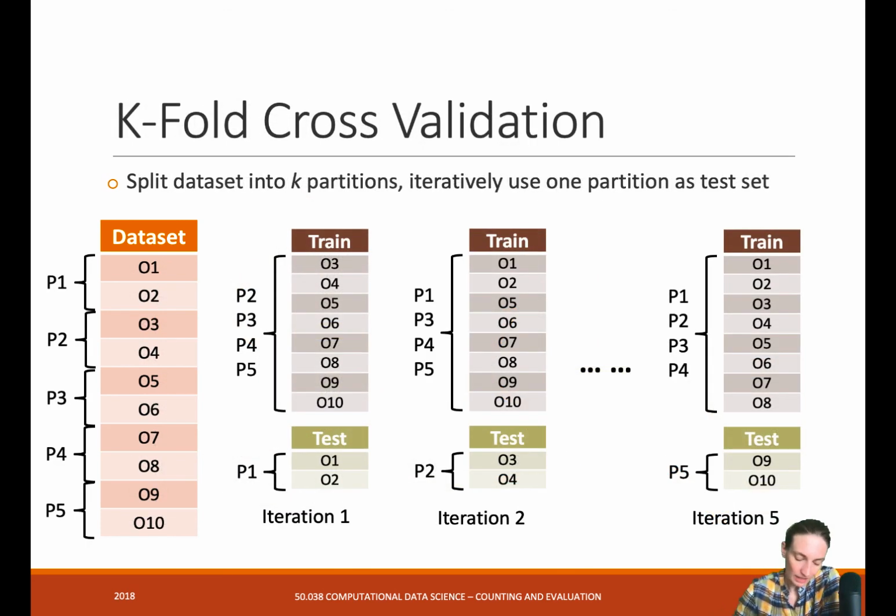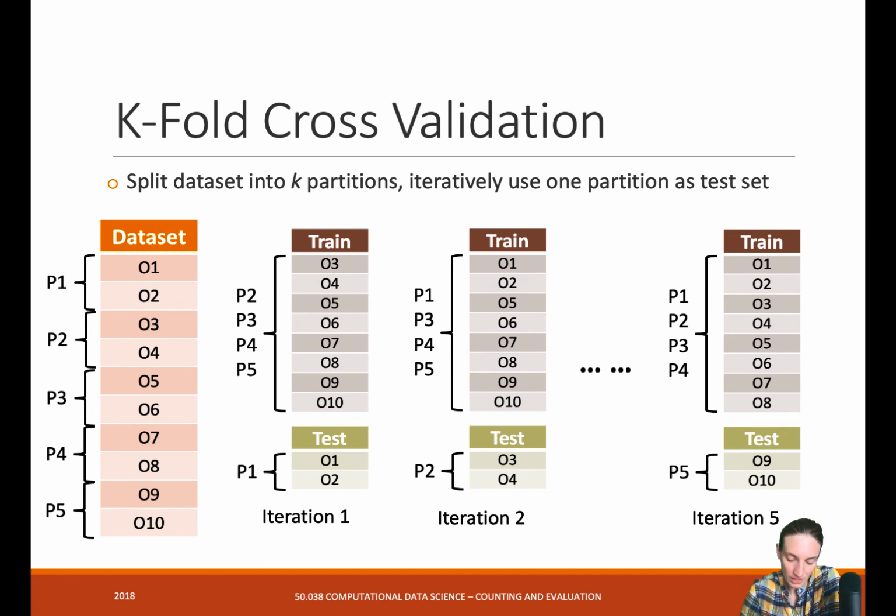Similarly, a little bit more of a structured technique is called k-fold cross-validation. Pretty robust. K-fold cross-validation splits our dataset into k folds. Here we have 5 folds, partitions here, and we take all of the folds except for one, and we use that one for test.